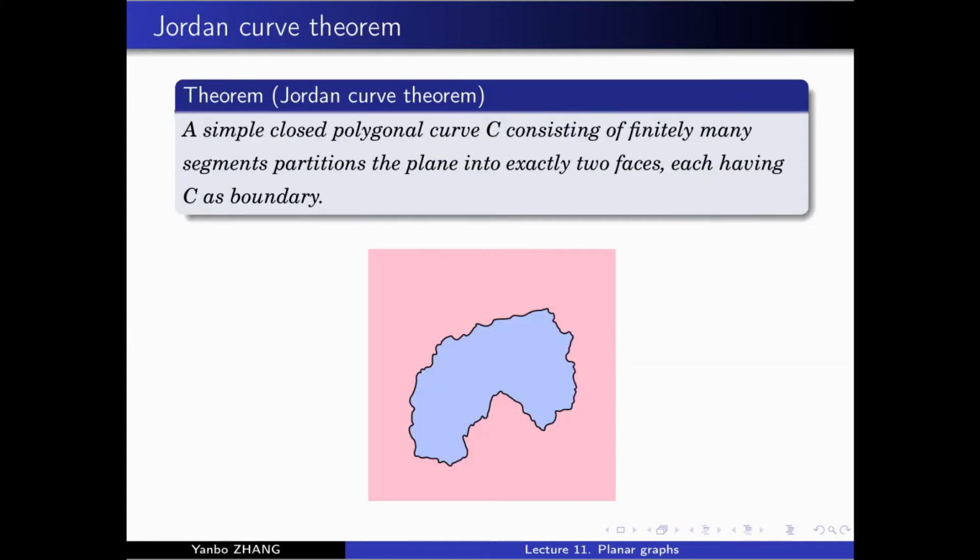Now we come to the Jordan curve theorem. For accuracy, we give the theorem here, but we do not prove it. It's not easy to prove.